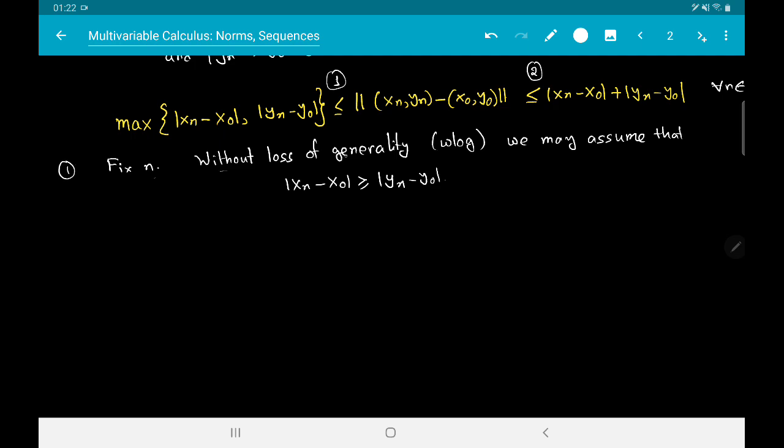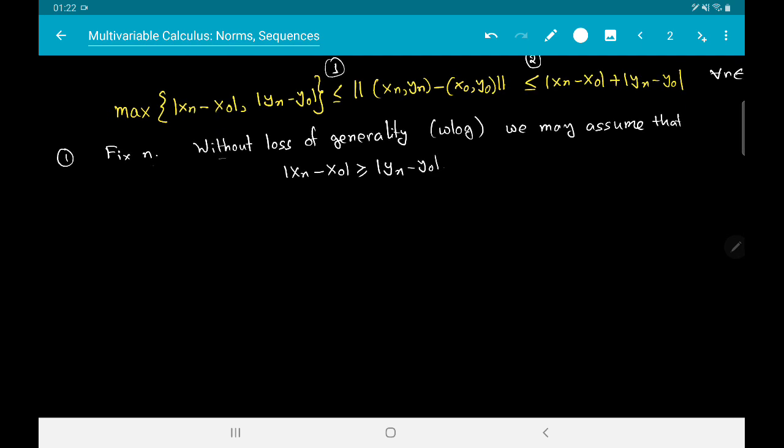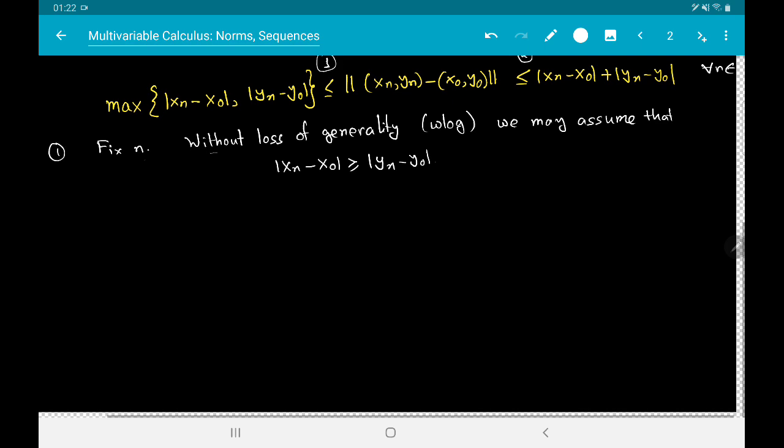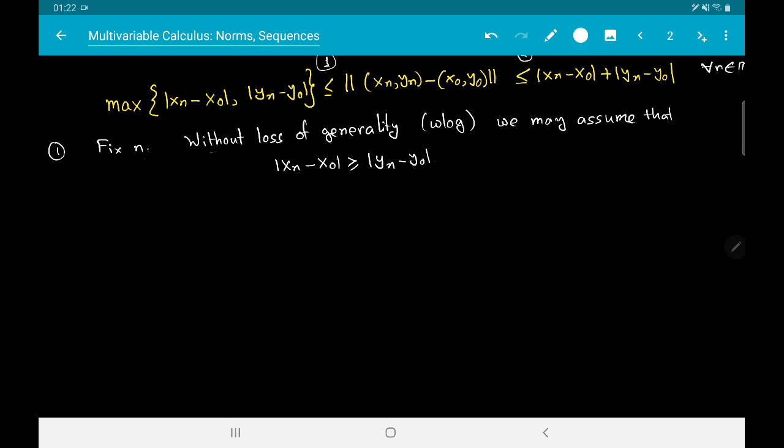What is without loss of generality? It might so happen that for some values of n, modulus of yn minus y0 is bigger than or equal to xn minus x0, but then the same method will apply and you will come to the same conclusion.